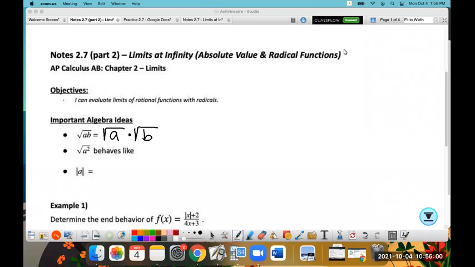I had the square root of A squared. Anyone have a guess as to what that would behave like? Okay, double check it. Go ahead and graph square root of X squared in your calculator.